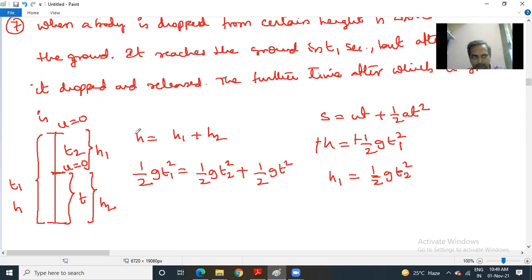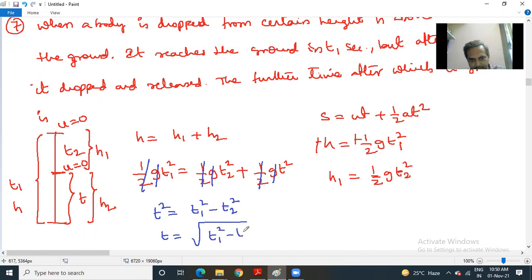So we are looking for t square here. So you can cancel half g on both sides of the equation. Now we require t square, so it will be T1 square minus T2 square.